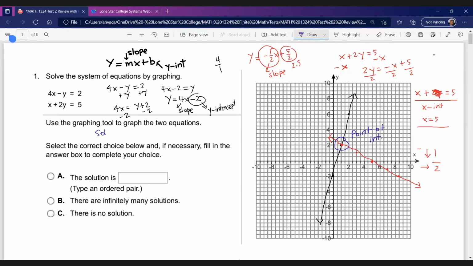So the solution is the point of intersection, and in this case, that happens to be the point (1, 2). So this example has a unique solution, and that solution happens to be (1, 2). Don't forget to put the parentheses, otherwise you'll get it wrong.